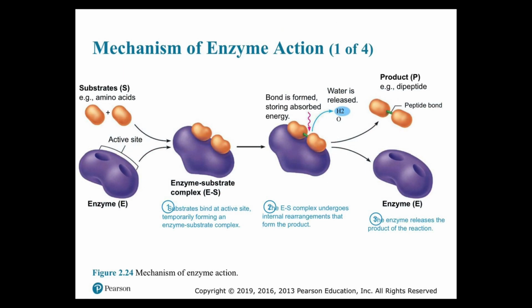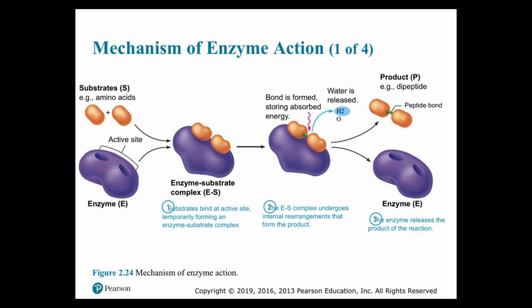Figure 2.24 shows the steps in enzyme action. So we have the enzyme and the active site on the enzyme. The substrate, let's say they're amino acids, will bind to the active site, forming an enzyme substrate complex. Then the complex will undergo a rearrangement.